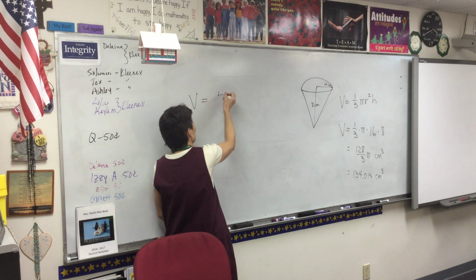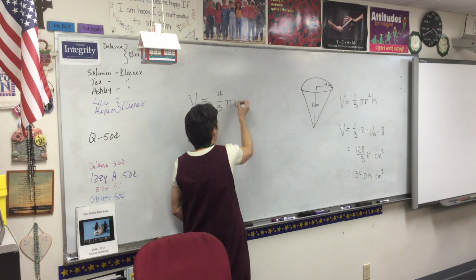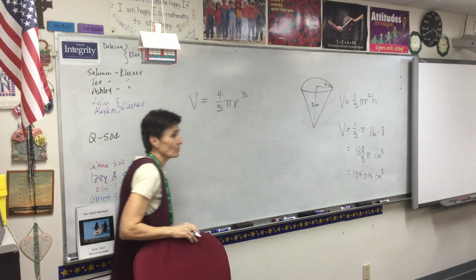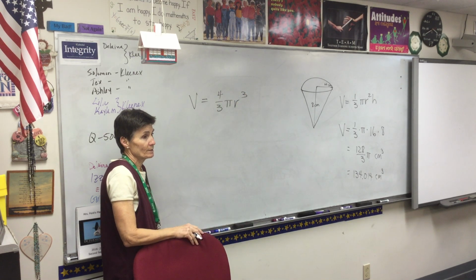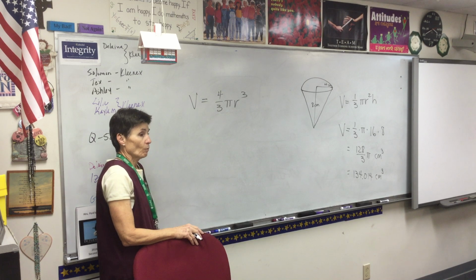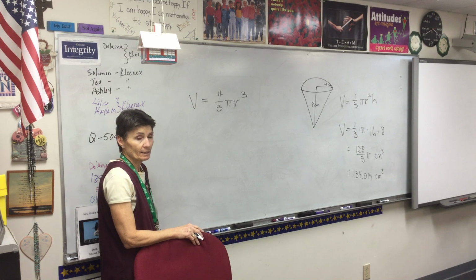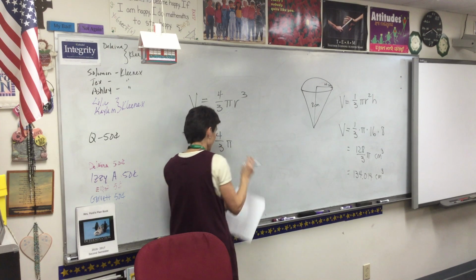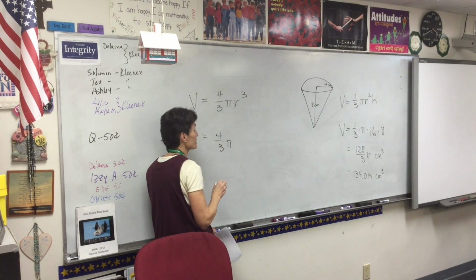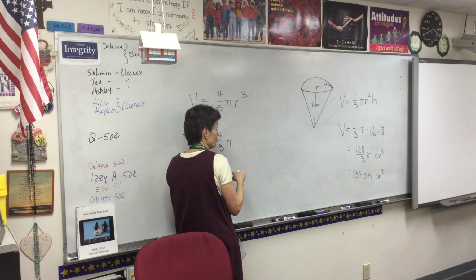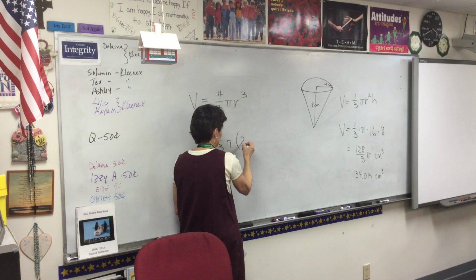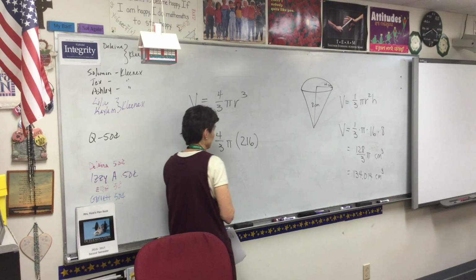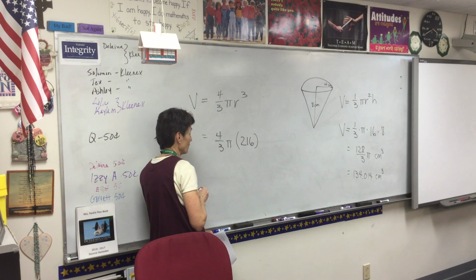So, anybody happen to know the volume formula for a sphere? 4/3 pi r cubed. 4/3 pi r cubed is the formula for the volume of a sphere. So, if the radius of our sphere is 6 cubed, is that 216? You can double check that for me.